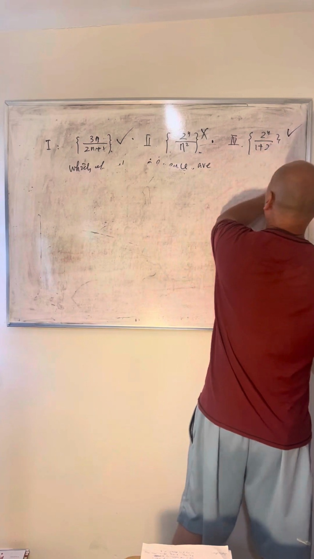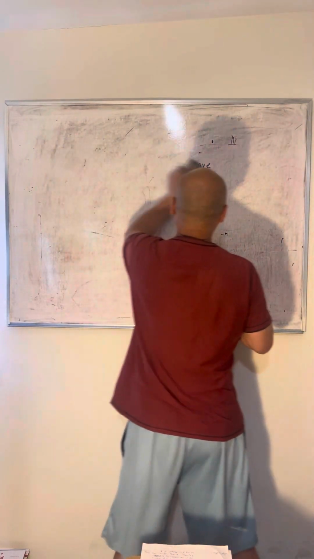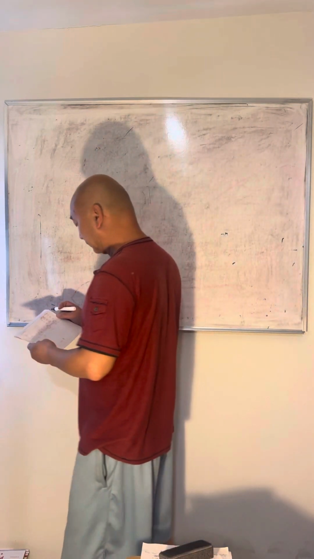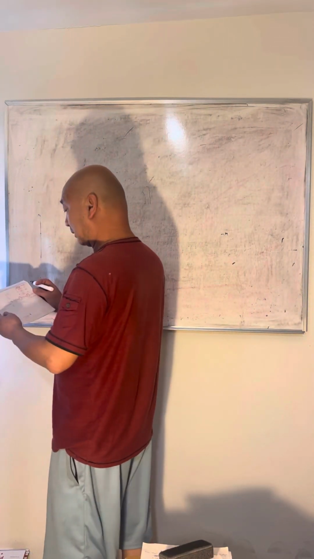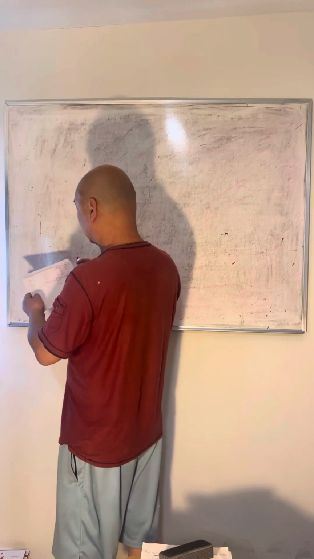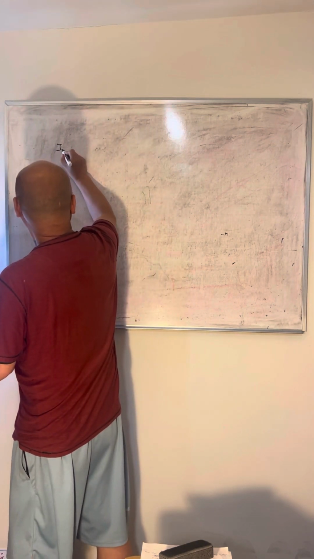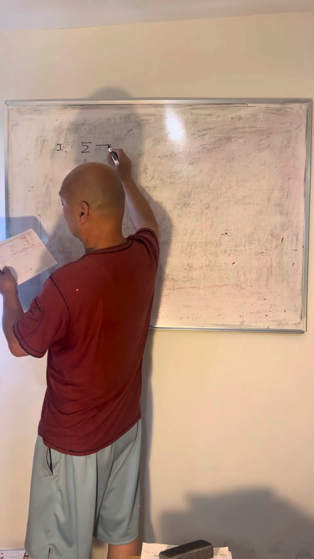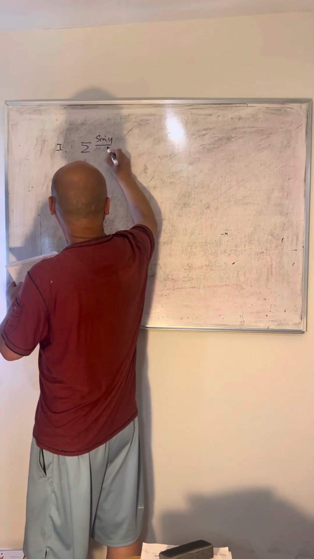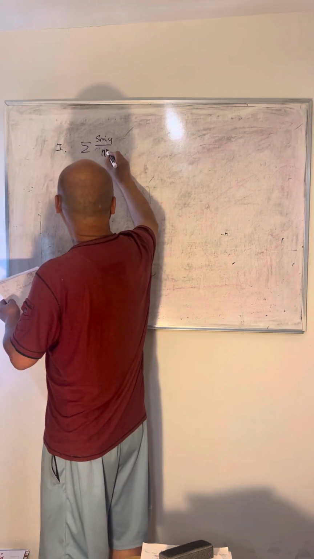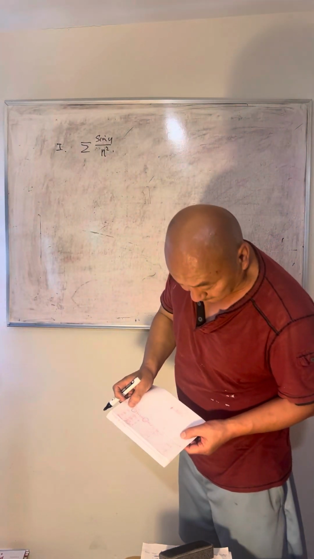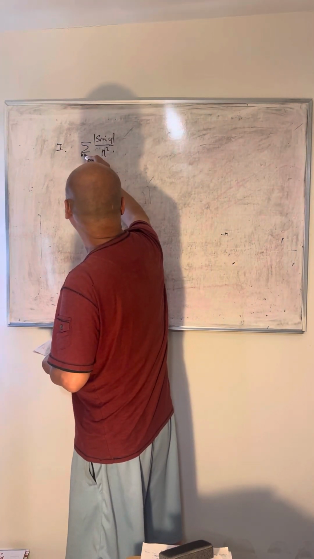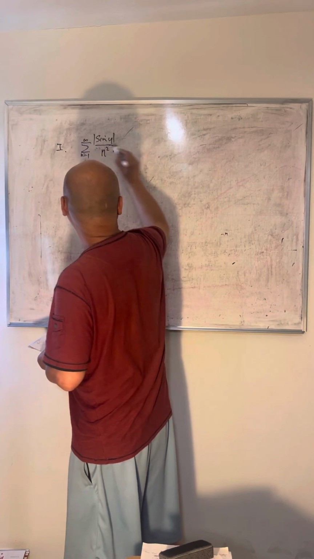Let me show you how to determine series convergence. The question is the same. One is the summation of absolute value of sine n over n squared, from 1 to infinity.